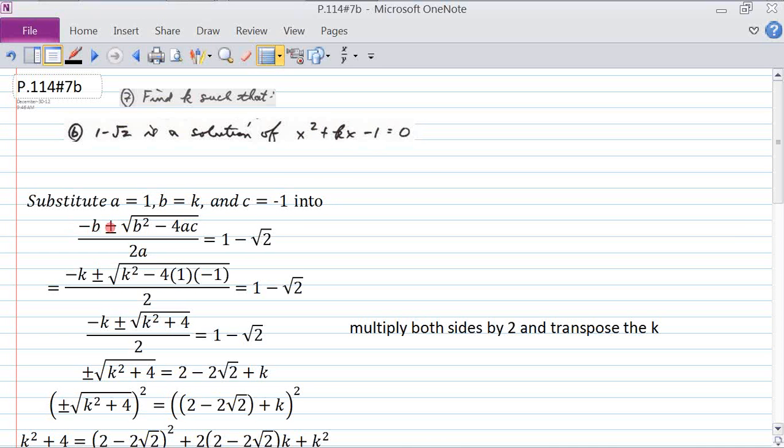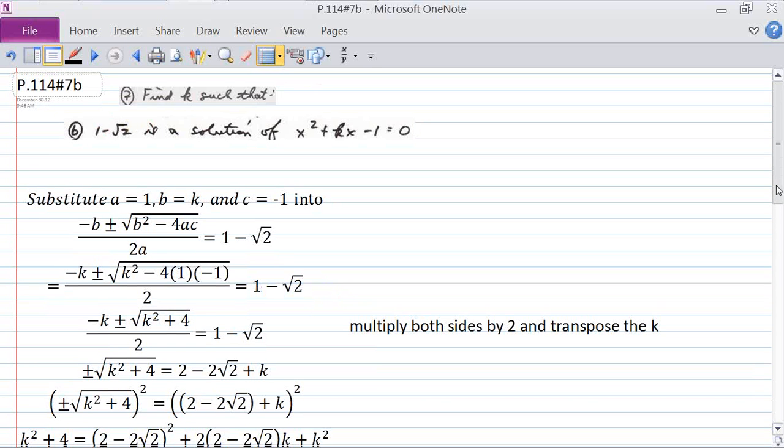And we're going to plug it into this equation. So b is k, minus k plus or minus the square root of b squared, which is k squared, minus 4a, which is 1, and c, which is minus 1. And that should give us the solution 1 minus root 2.